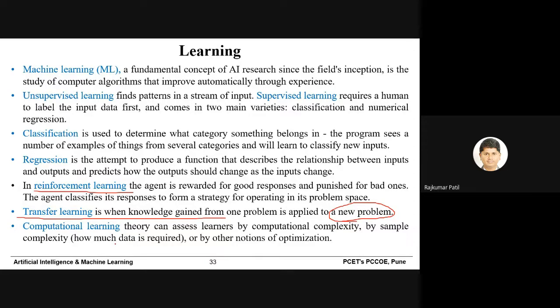Then the next part is computational learning. The computational learning theory can assess learners by computational complexity, by sample complexity, or by other notions of optimization. So this is related to the assessment approach.